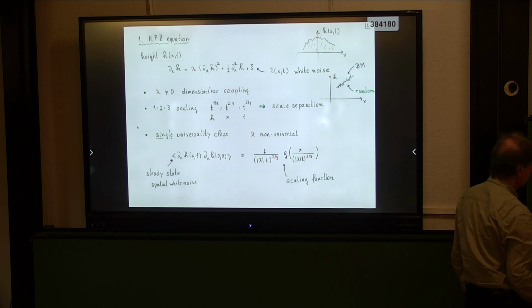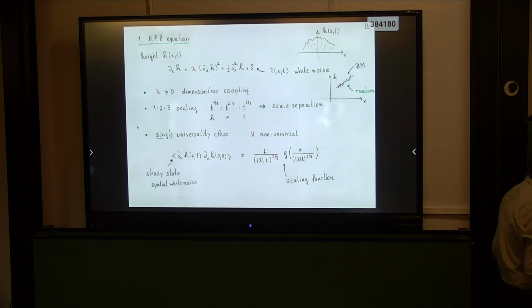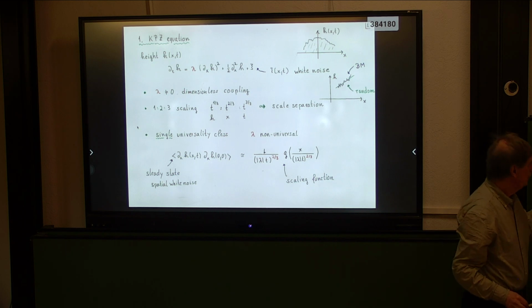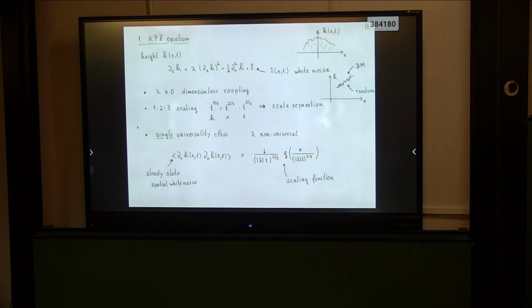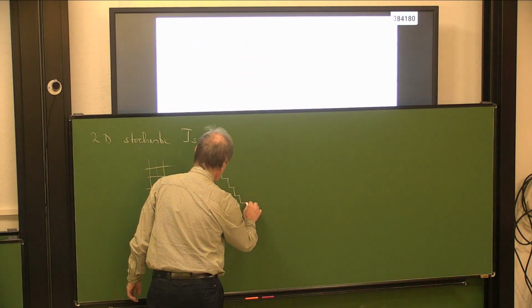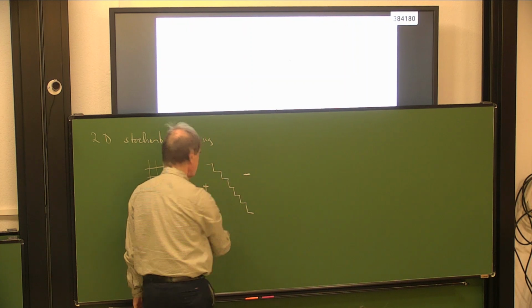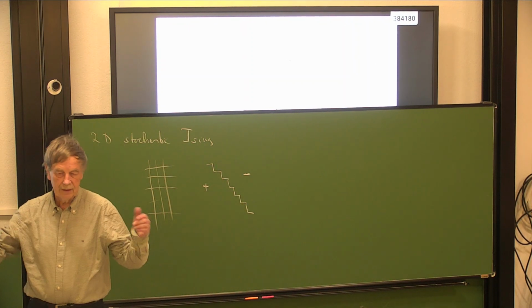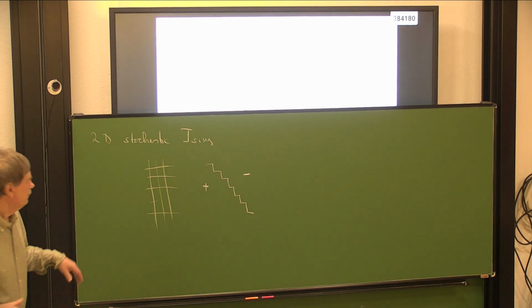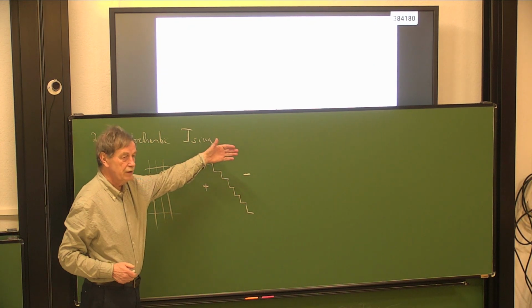And you put a domain wall state, which is at 45 degrees, maybe like this. Here you put initially all minus, and here you put initially all plus, and the dynamics is simply spin-flip dynamics, but I do this at very low temperatures.